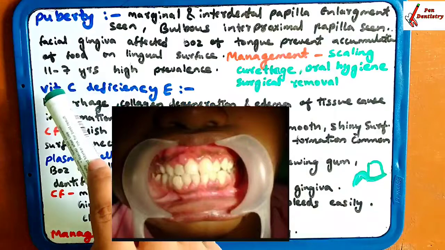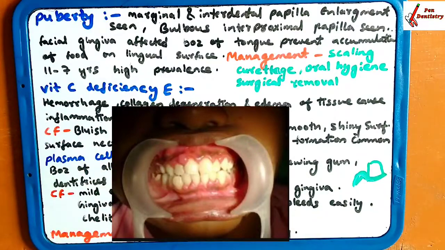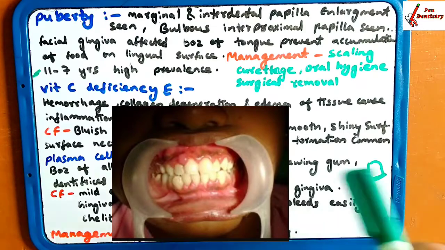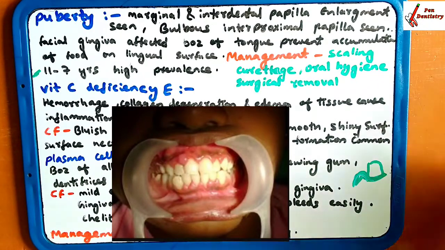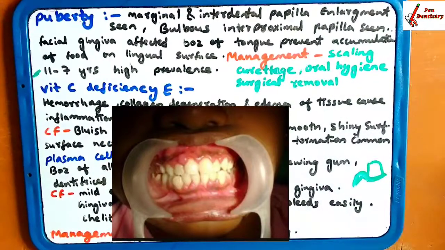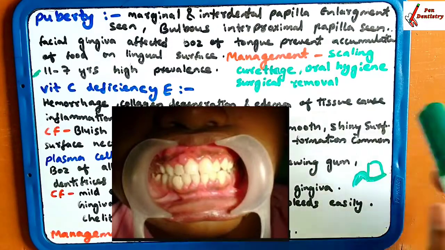It takes place in the 11 to 17 years of age, during the time of puberty. What is the management? You are going to do scaling, curettage, oral hygiene, and surgical removal is done if there is a severe case.